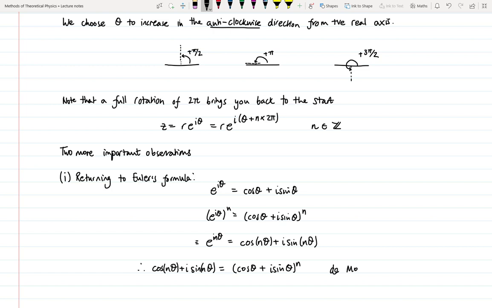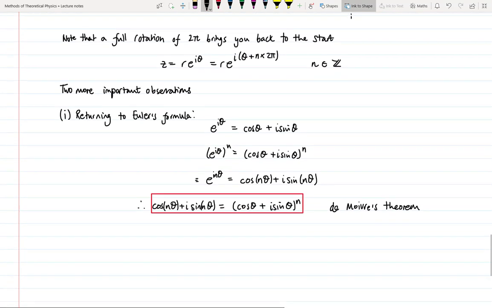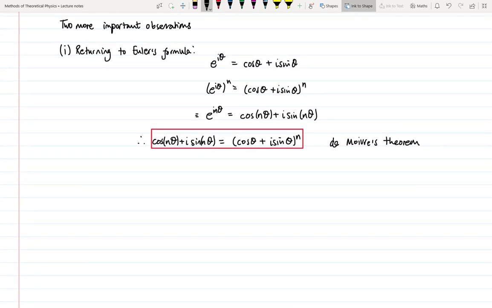And this relationship is called de Moivre's theorem. I'm also going to give this a red box. De Moivre's theorem is very useful for writing down various compound angle formulae, and there are a couple of examples in the problem sheet accompanying this topic that will give you some practice.